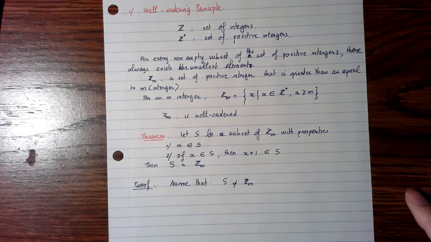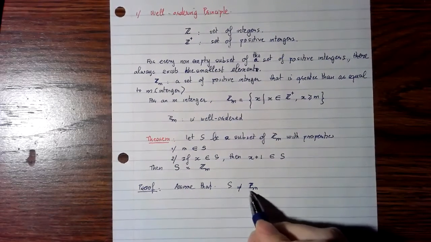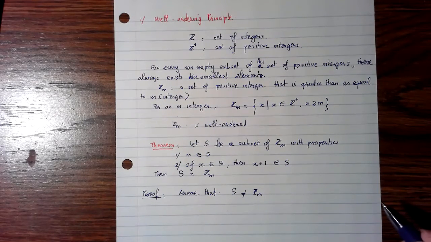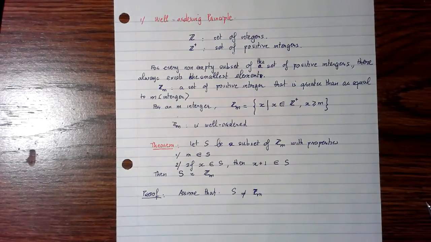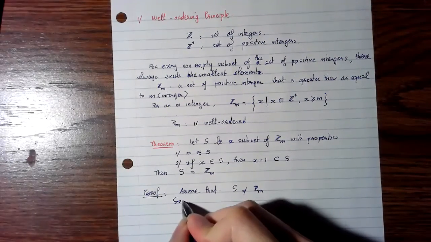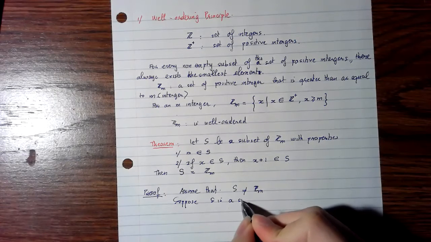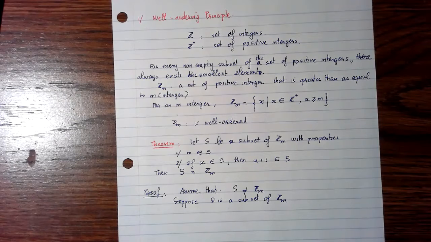So how are we gonna do this? If S is different from Z sub M, and S over here is a subset of Z sub M, what can we obtain if we suppose that S is a subset of Z sub M and S is different from Z sub M?